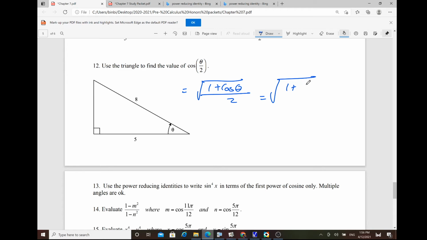So we got cosine of theta, which is 5 over 8. So 1 plus 5 over 8, that'd be 13 over 8, divided by 2, or multiplied by 1/2. So we got root 13 over 16, which is root 13 over 4.